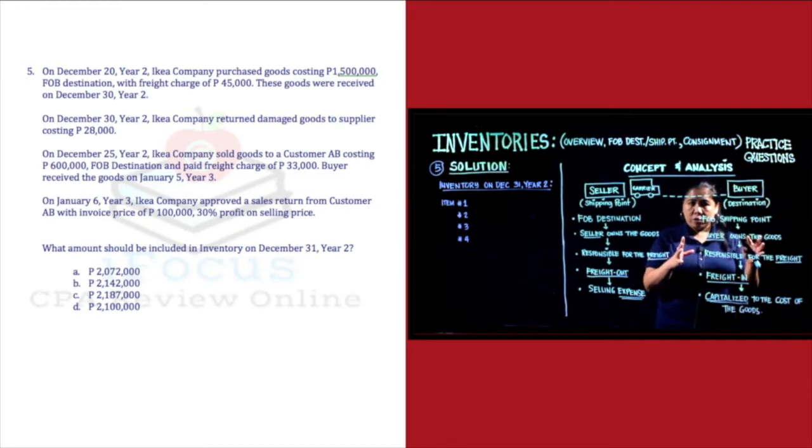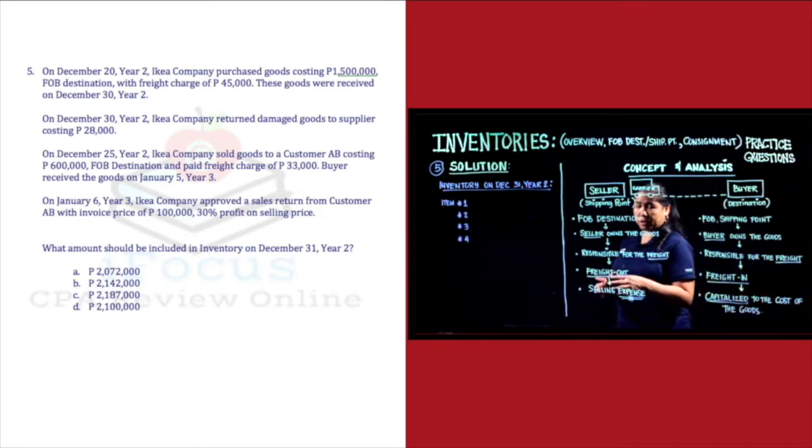Since the buyer owns the goods, the buyer should be responsible for the freight. Sa book ngayon ni buyer, ang freight na binayaran niya kay carrier ay magiging freight in. Ang freight in should be capitalized to the cost of the goods. Ina-add po natin yan sa ating purchases. Alright? Kasama yan sa cost ng goods natin.